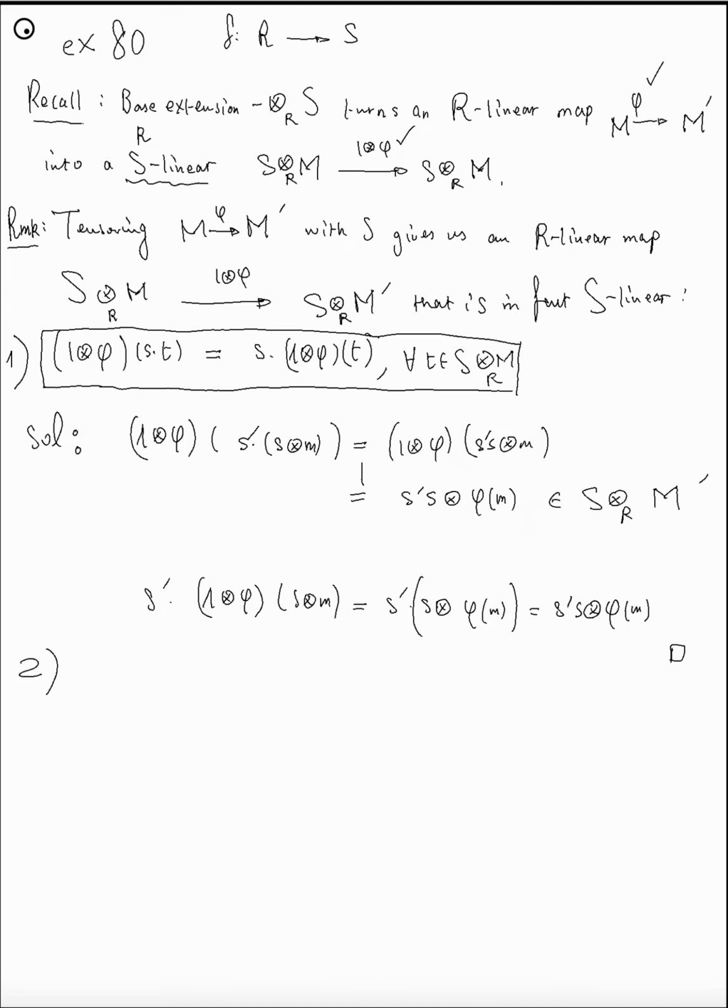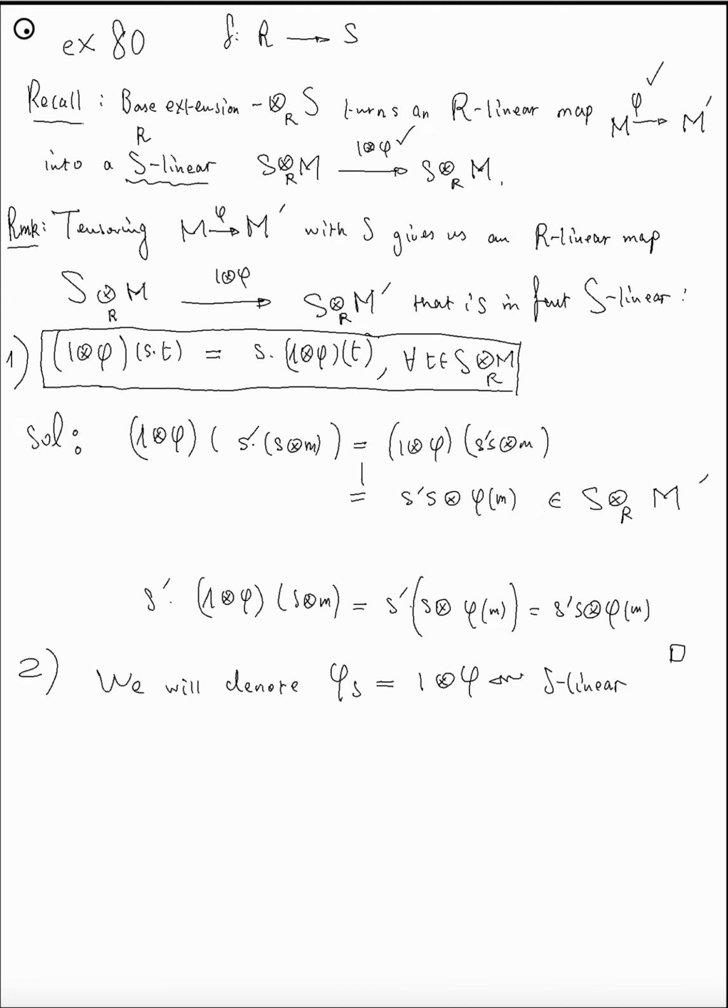So we will denote by phi_S the just described S linear map, 1 tensor phi, to remind us this is S linear.